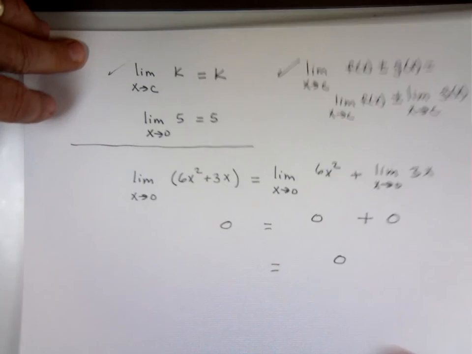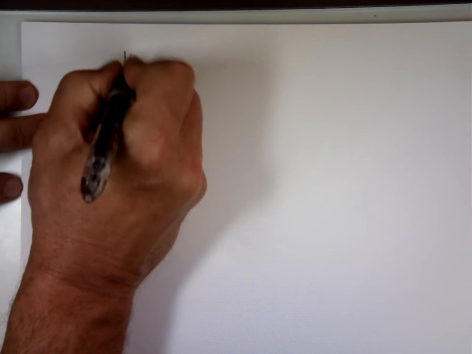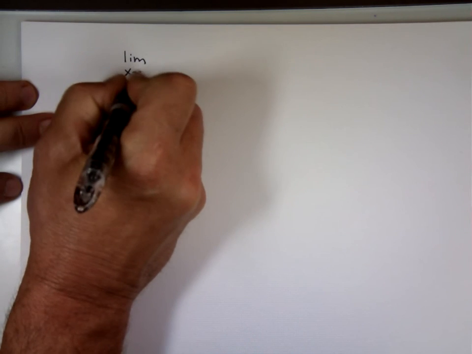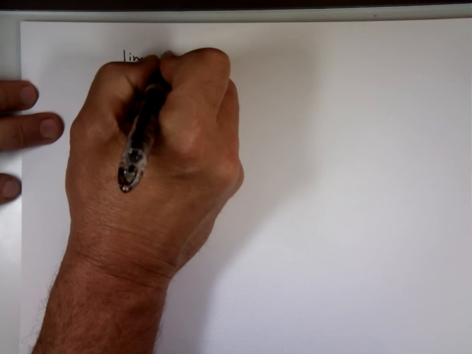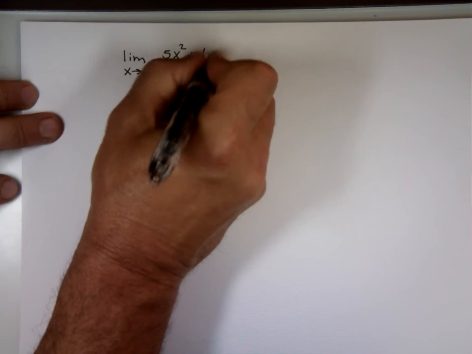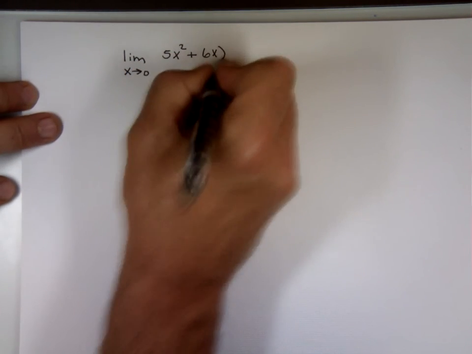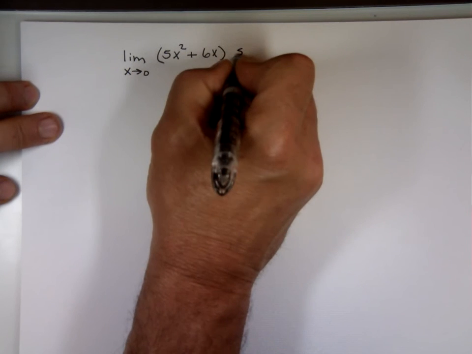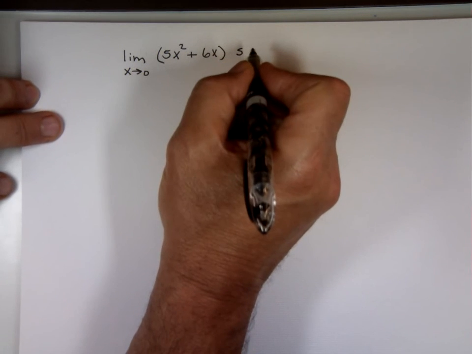I don't know where it came from, which planet, but a problem just came. 5x squared plus 6x times the sine of x.